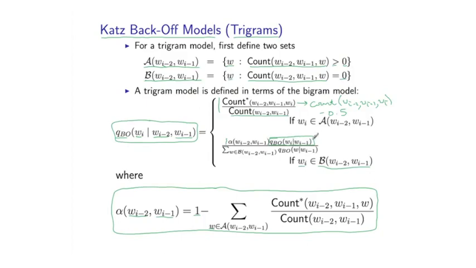We essentially have a recursive estimate, where we look at the backed-off estimate at the level below, the bigram level. On the numerator I have that backed-off estimate, and down here I have a normalization term where I sum over all words in B, using that backed-off term. So this is simply taking the missing probability mass alpha and splitting it in proportion to these backed-off estimates at the bigram level.